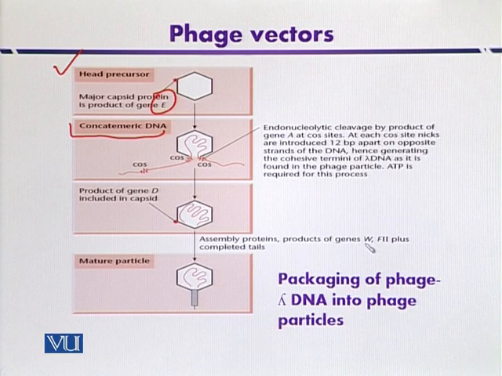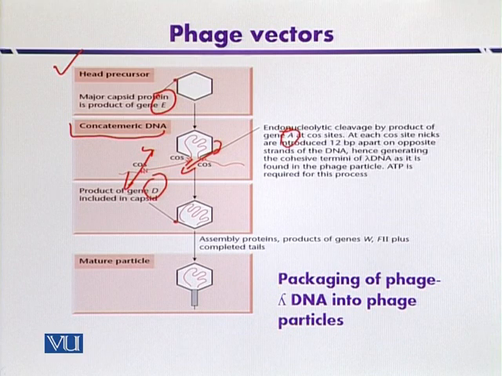During the step of packaging, the product of gene A has endonucleolytic activity. It will cleave the DNA at the cos site and convert it into monomeric form. And this monomeric form will then be packaged into the phage head. Then the product of gene D is also included during the encapsulation process.